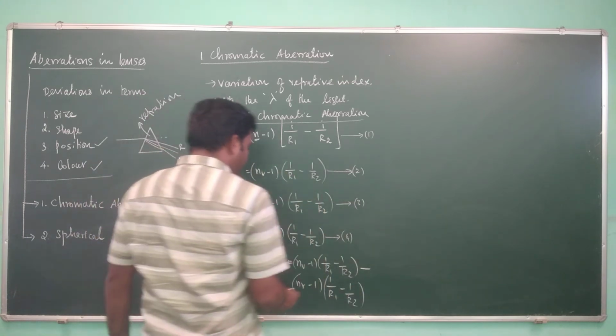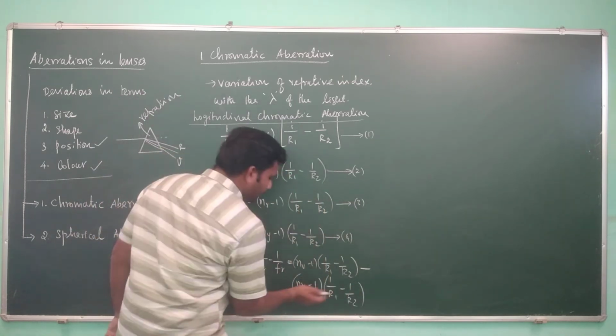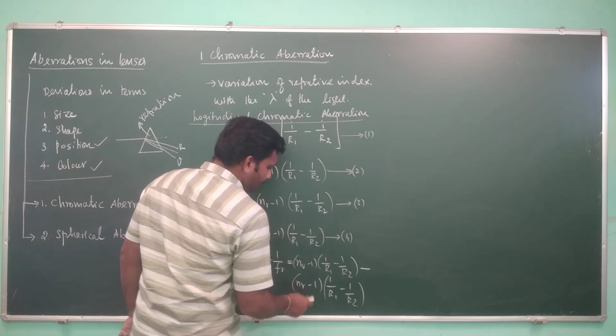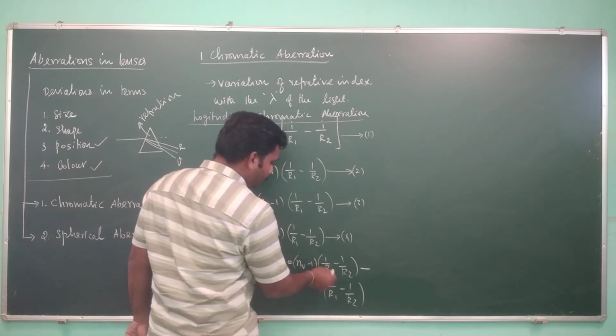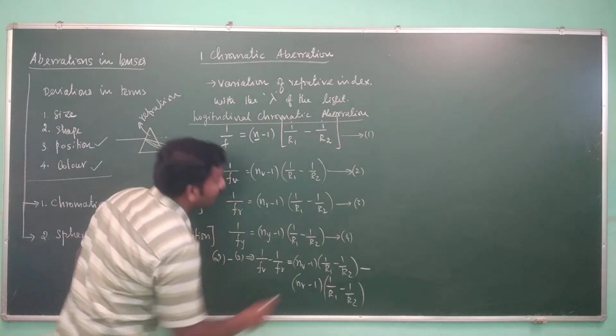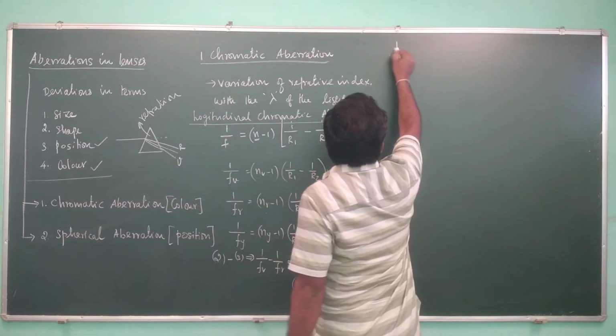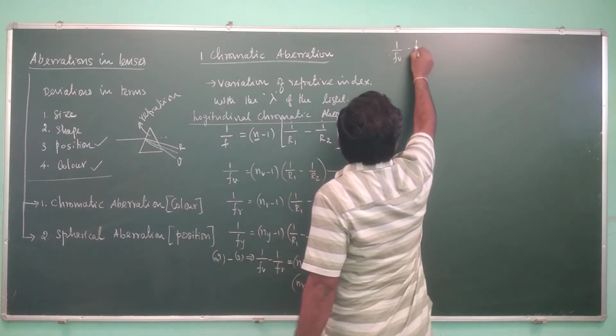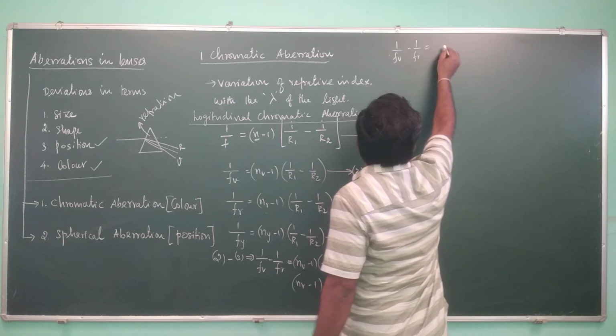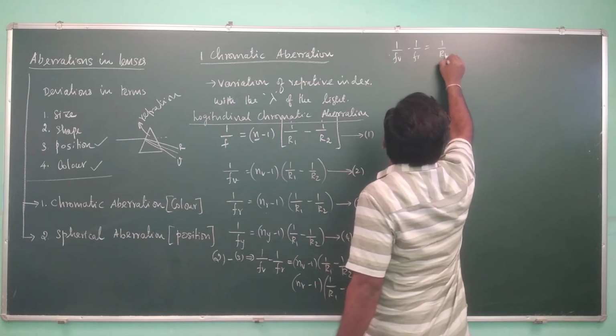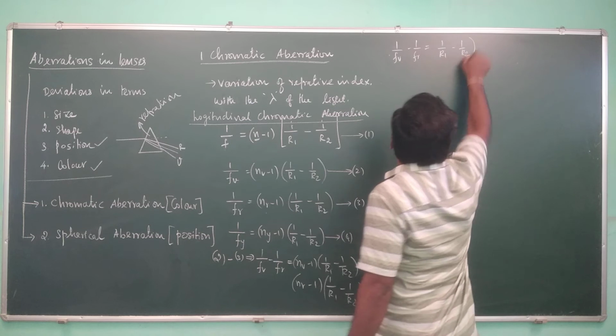If you expand this, you can take 1 by R1 minus 1 by R2 as common, so what you will get on this side is 1 by Fv minus 1 by Fr, which is equal to 1 by R1 minus 1 by R2.